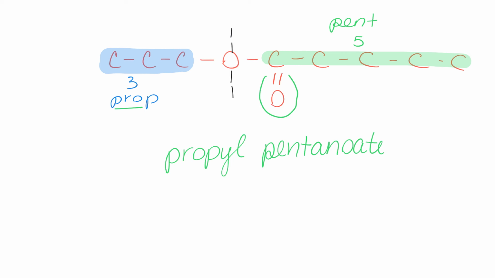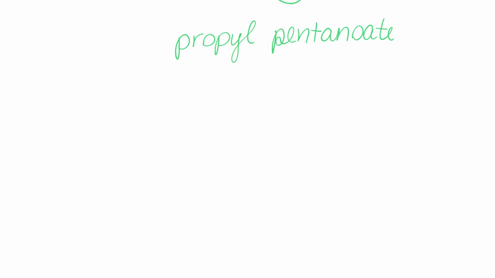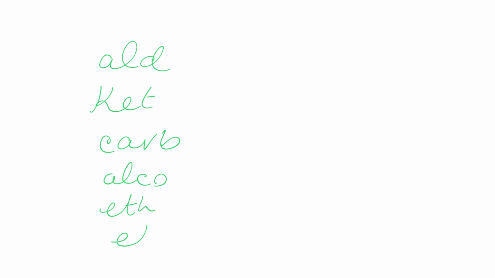Now that we've got these all down, we've talked about all of our families. We've got aldehydes and ketones and carboxylic acids and alcohols and ethers and esters, all of them. So now the key is going to be deciding which one you're dealing with. Let's talk about a couple examples real quick.